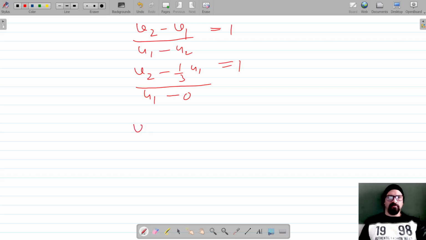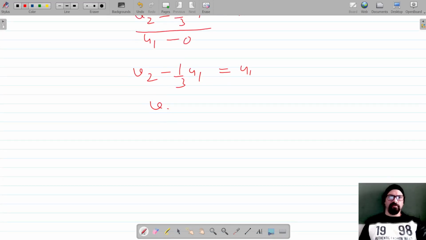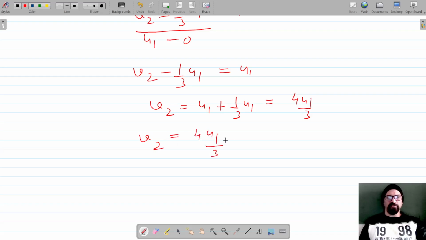So v2 minus one third of u1 is equal to u1, which gives me v2 is equal to 1 plus 1 by 3 times u1, which is 4 u1 by 3. Finally we have v2 is equal to 4 into u1 by 3.